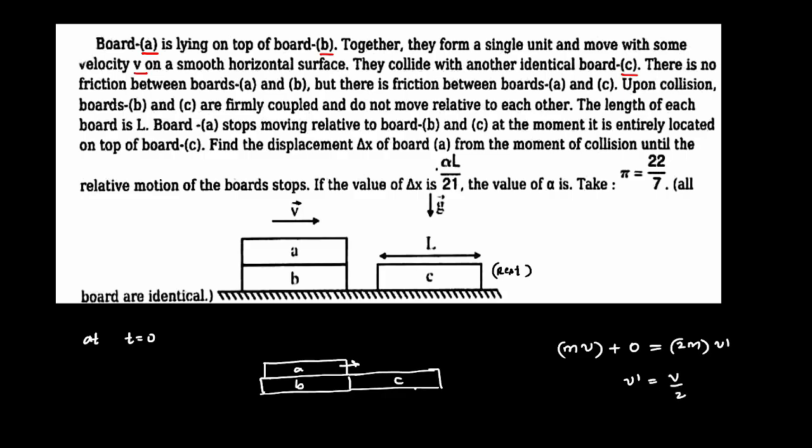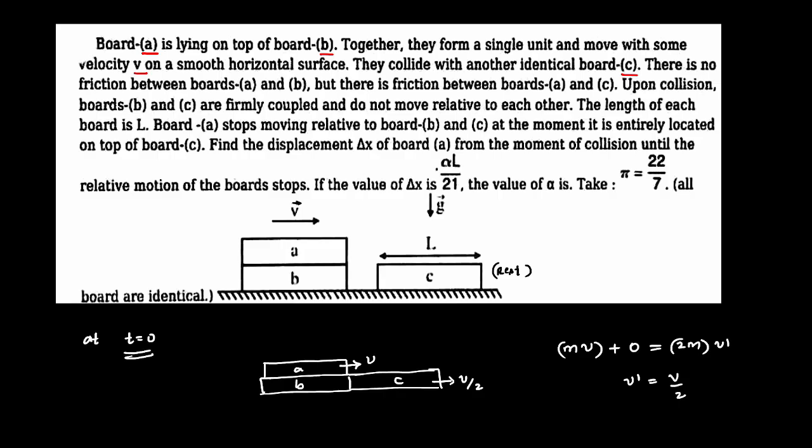So this is the speed with which our BC combination is moving. And A, since it has no impulse on it because of this collision, will continue its motion with V speed only. So this would be the condition at exactly t equals 0.